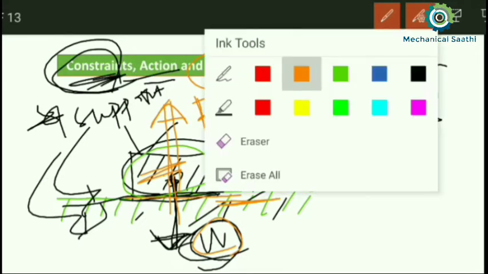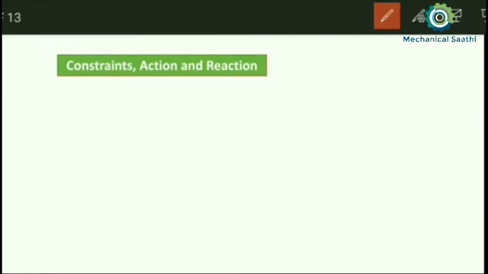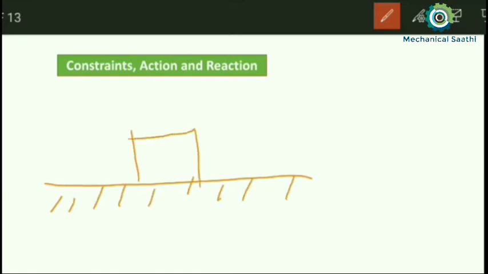Let me erase all these things over here. As we have seen, if there is any support and any body which has a definite mass, it will have a definite weight.